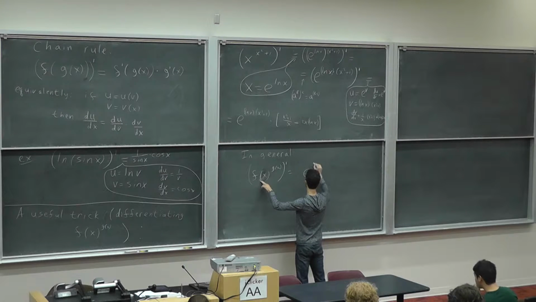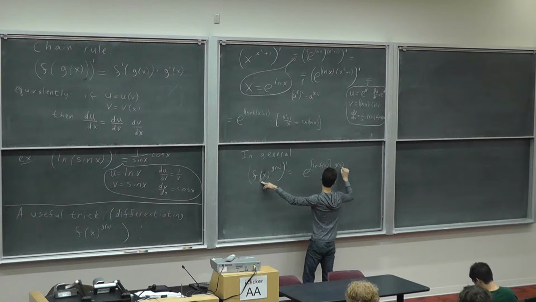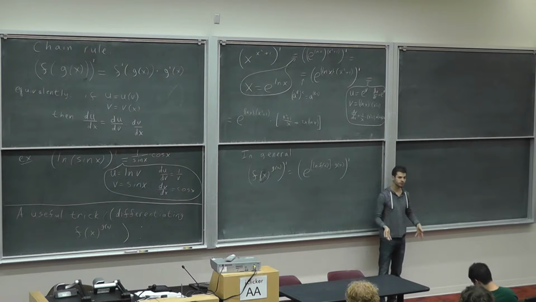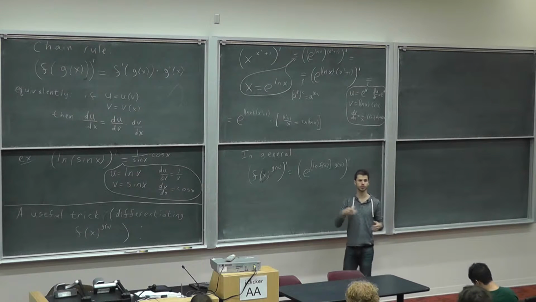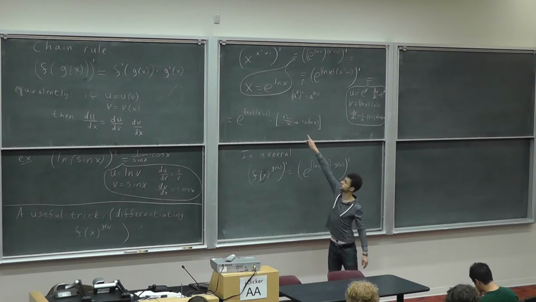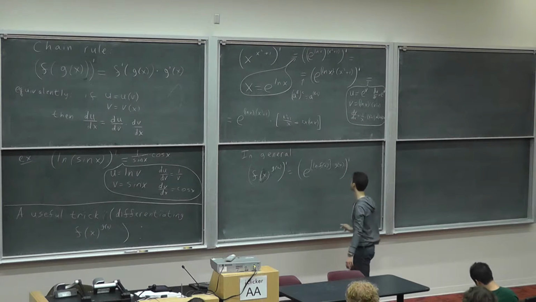I will write it as e to the power ln f of x multiplied by g of x. Instead of writing x, I will write e to the power ln f, exactly like we did for x, but now we do it for f. And now just apply the chain rule.